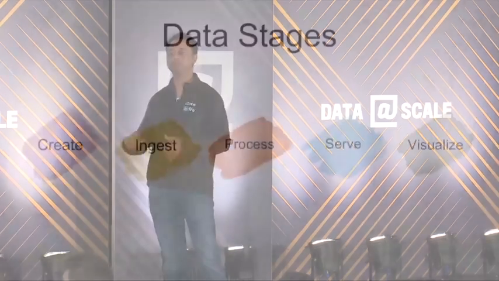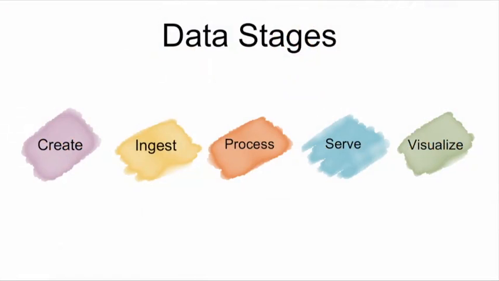Then it's followed by an ingest phase where we pull this data into places where you can actually analyze and process it. Then you have the process phase, which runs computations on the data. Then you have serving engines, which serve it to the users, whether they are LinkedIn members or internal users. And finally, depending on the specific problem, some sort of visualization layer.